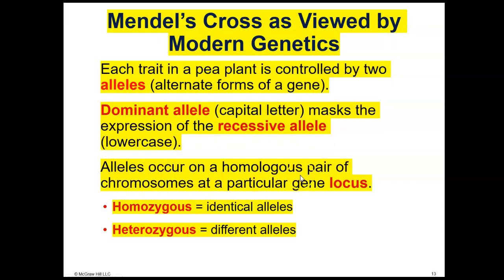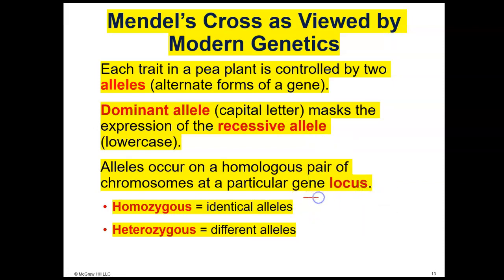Alleles occur on a homologous pair of chromosomes at a particular gene locus, which just means a particular place on the chromosome. Now, when we have 2 alleles that are the same, that's homozygous. So 2 big T's or 2 little t's would be homozygous, and I'll write that.